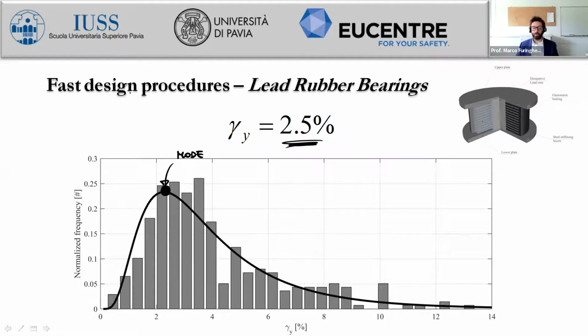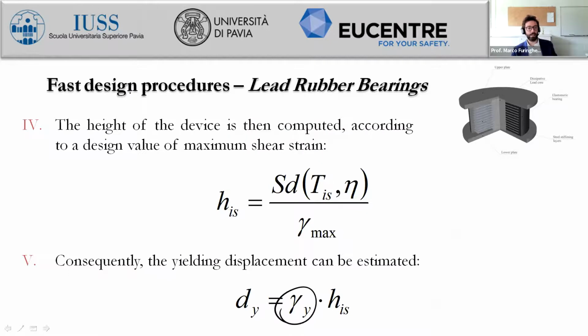Now I go back to the previous slide, the 4th and the 5th step. We know the height of the device because we have guessed, for instance, the maximum shear strain equal to 100%. And now we know that the yielding shear strain can be assumed as 2.5% because we have the statistical study of dynamic tests performed on full-scale devices.